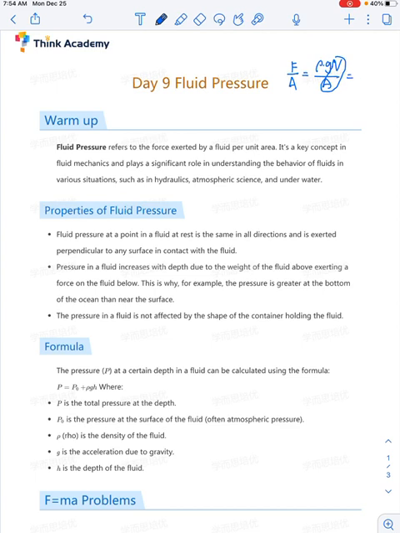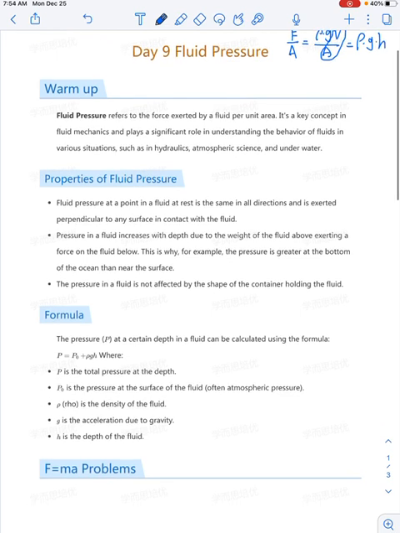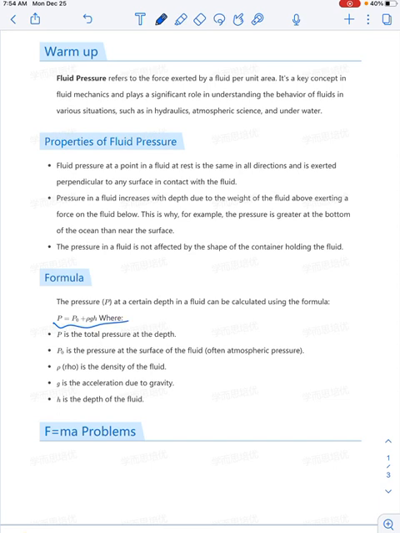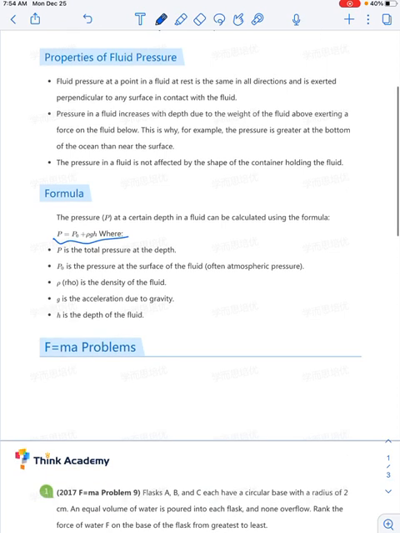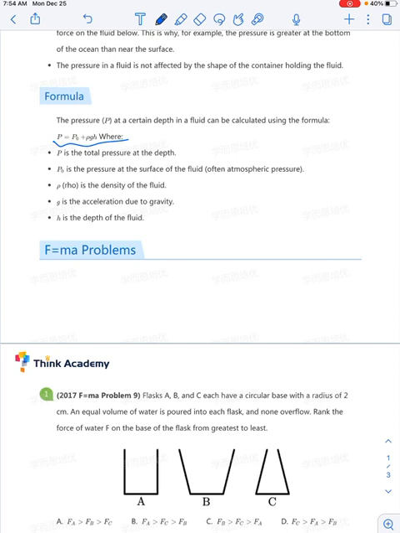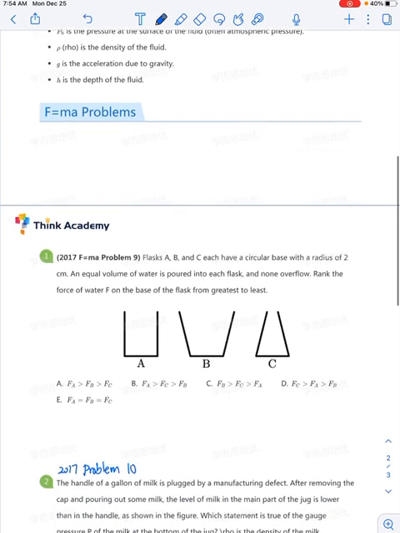So this equals the density multiplied by the gravitational acceleration and then multiplied by the height. This is actually how we got the formula over here. You can see that the pressure is only dependent on the depth of the fluid.